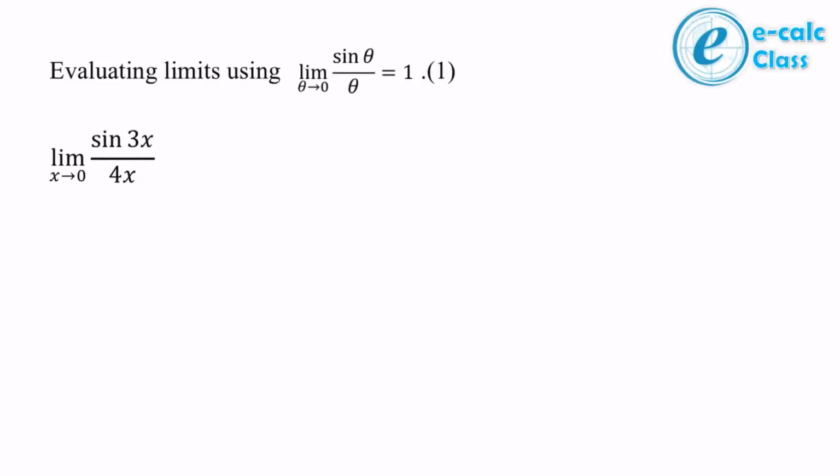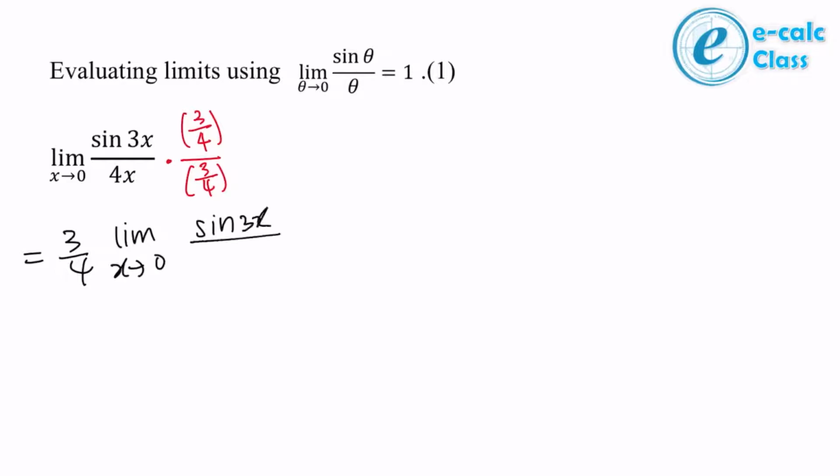So in this case, I want to make the 4x to be 3x. How can I do that? I need to multiply with something, right? Which is 3 over 4. If I do that to the denominator, I have to do the same for the numerator. And I can take out the 3 over 4, limit x approaches 0, sine 3x. This and that will cancel, so it is 3x.